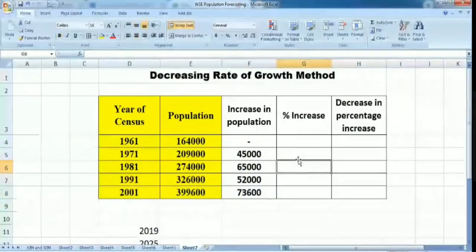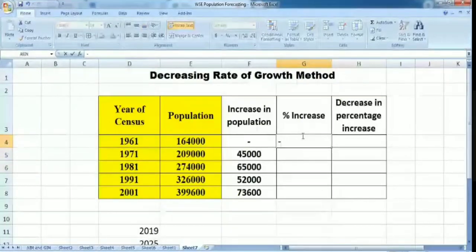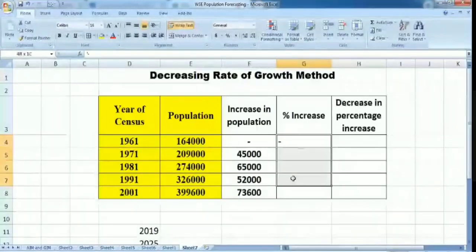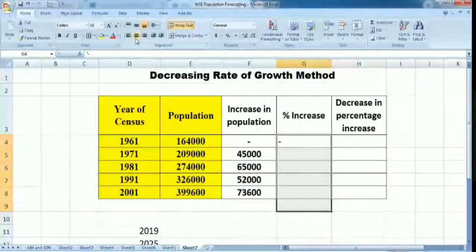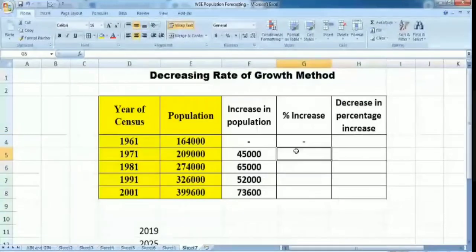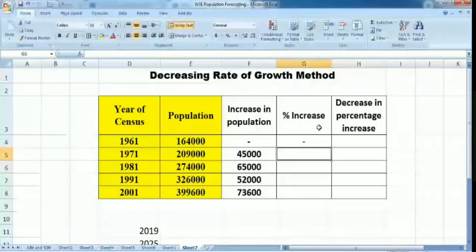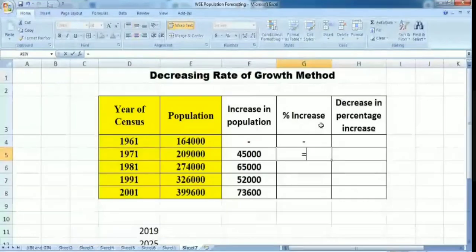Now, to calculate the percentage increase in the population, what should we do? How will you calculate percentage increase? Sir, 45,000 divided by 1,64,000 into 100. Yes.